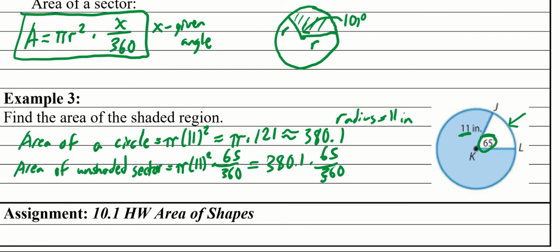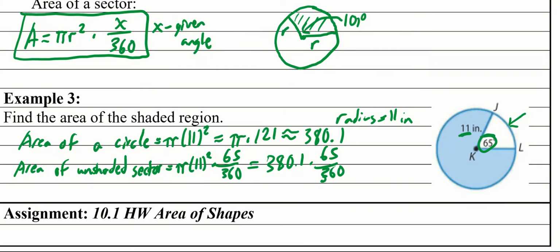You can round it off later. It's up to you. Some of your calculators can keep the decimal in there or keep it as kind of an answer, and I can show you how to use that if needed. But in any case, you need to do this. So I would do 65 divided by 360 first, and that's going to give you about 0.18 or so. And then what I would do is multiply that by the answer that we found for the area of the circle, so about 380 point something.